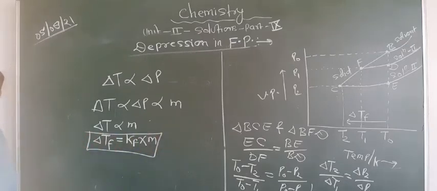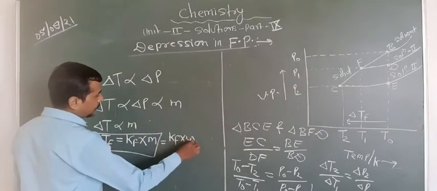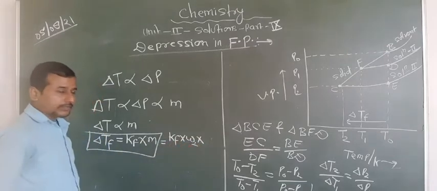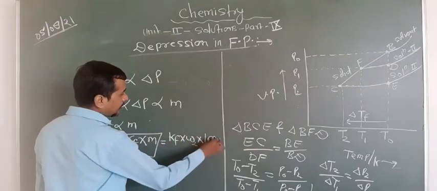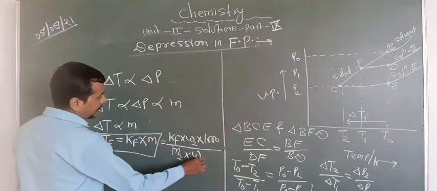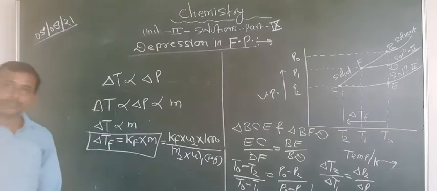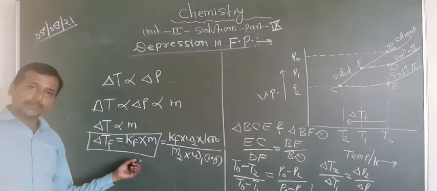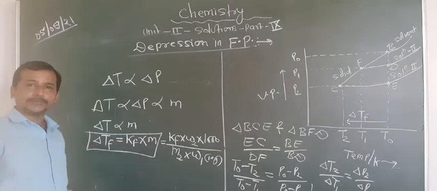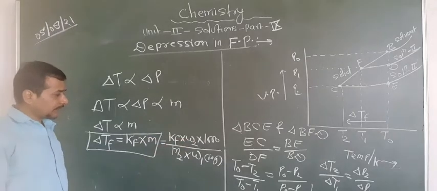If you open the formula of molality, we get Kf into W2, the mass of solute, multiplied by 1000, divided by the molar mass of solute and the weight of solvent in grams. So we get one other formula: delta Tf equals Kf W2 1000 divided by M2 and W1.